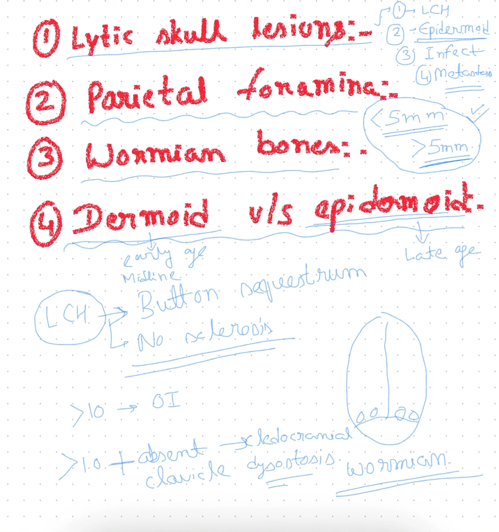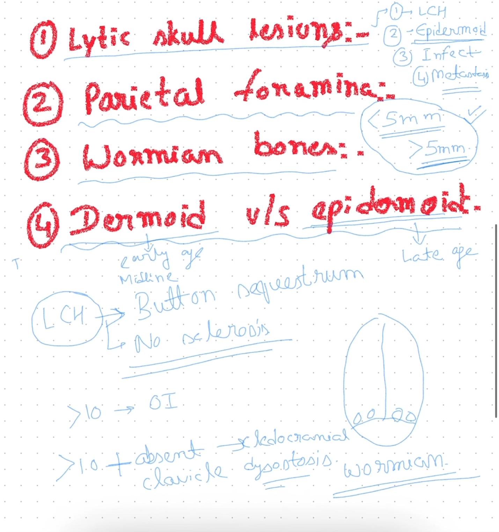Next is the appearance on MRI. As the dermoid involves fat components, it will usually appear hyperintense on T1 and T2. The epidermoid will appear hypointense on T1 or variable, while hyperintense on T2. There is also diffusion restriction in the epidermoid.